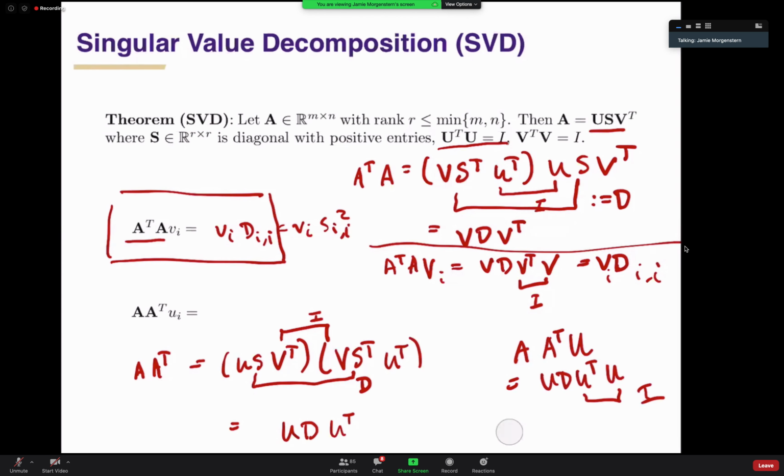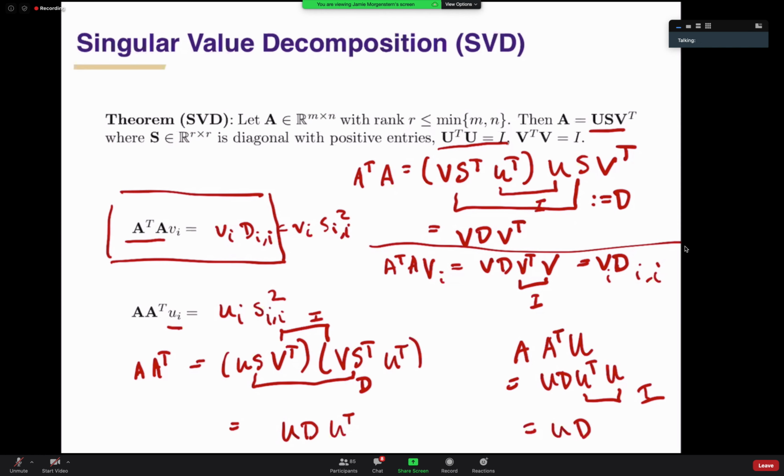So this is just equal to U D. Looking at the ith component as opposed to the entire matrix, this is equal to u_i s_ii squared, which also means that the U's are the eigenvectors for A A transpose.